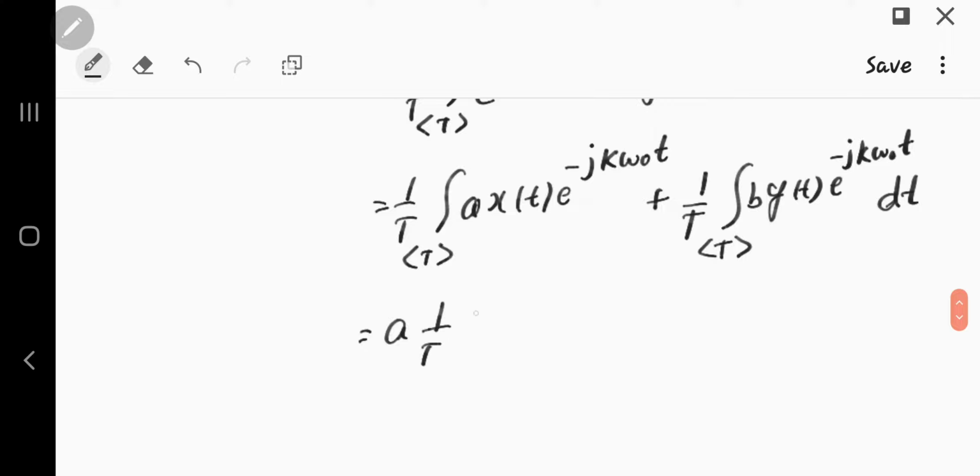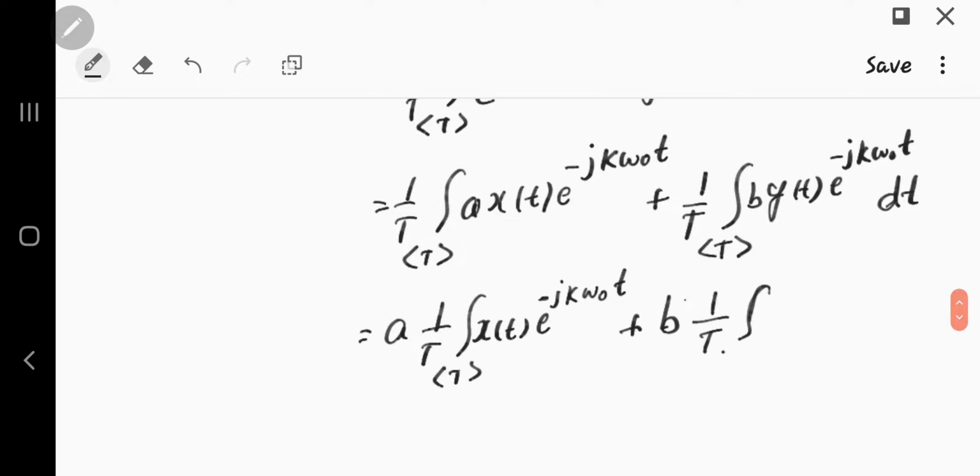So a into 1 by T integral of x of t e power minus j k omega naught t dt, plus b into 1 by T integral of y of t e power minus j k omega naught t dt.